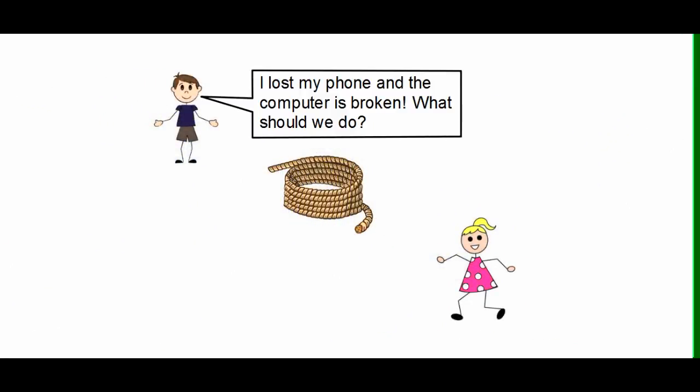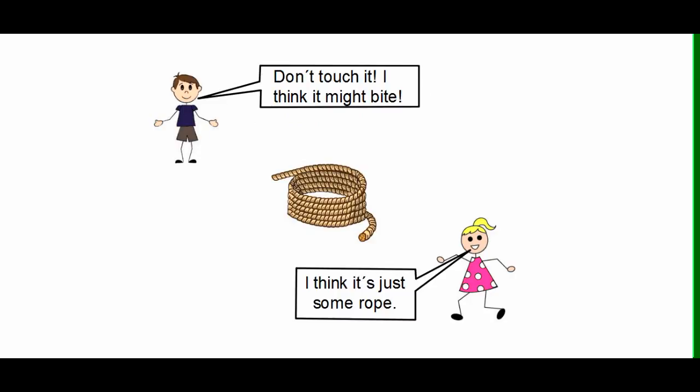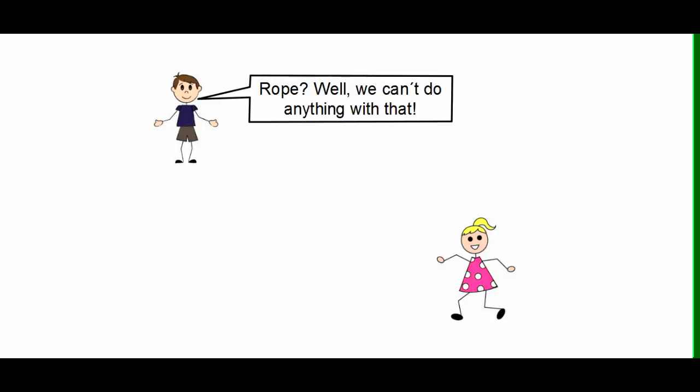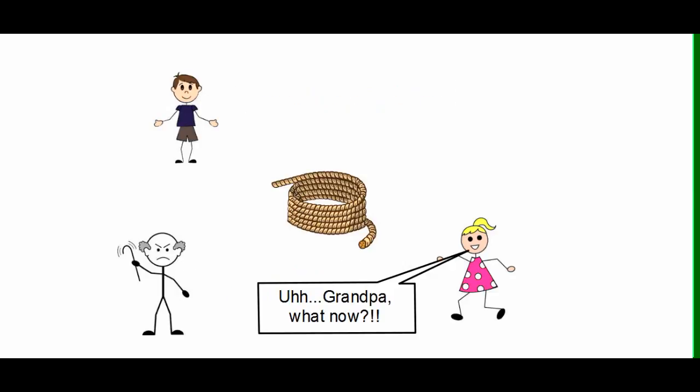I lost my phone and the computer is broken. What should we do? What's that? Don't touch it. I think it might bite. I think it's just some rope. Rope? Well, we can't do anything with that. You kids don't know anything. Grandpa?